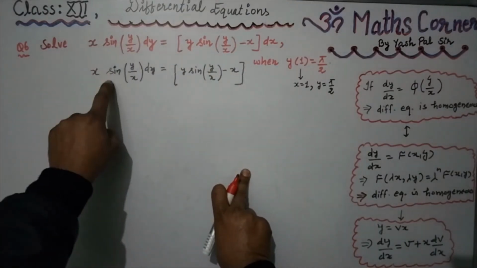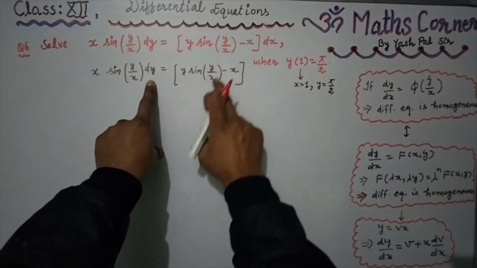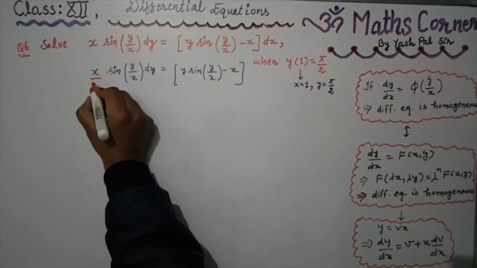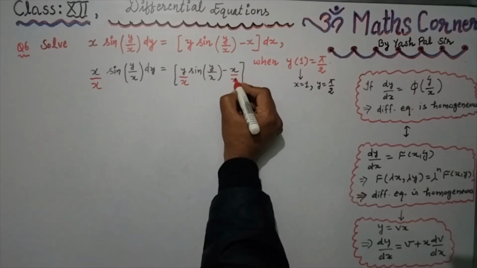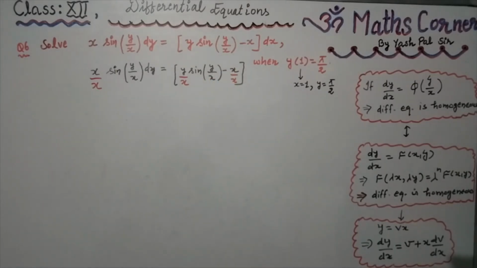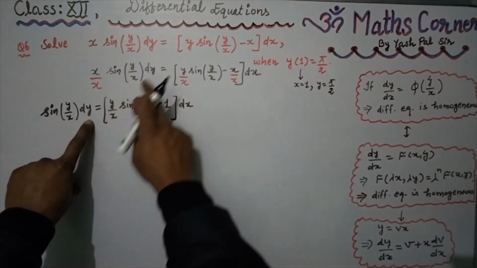First of all, we divide by x on both sides. Writing the whole equation as it is: x into sine of y upon x into dy is equal to y into sine of y upon x minus x into dx, dividing both sides by x. Because there are two terms, both terms will be divided by x.